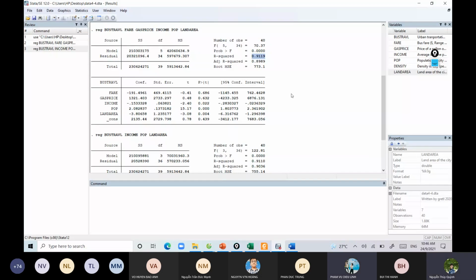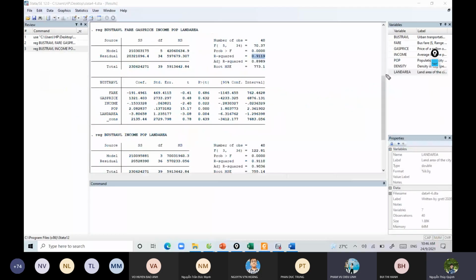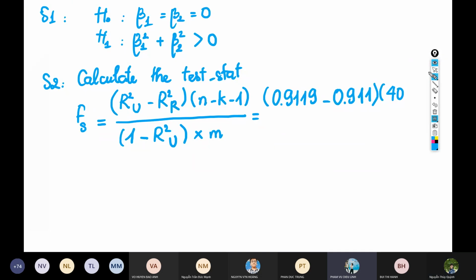So here we have 0.9119 minus 0.911, times 40 minus 5 minus 1. Minus 5 because 5 is the number of independent variables of the unrestricted model. Remember that k in this formula is the number of independent variables of the unrestricted model.